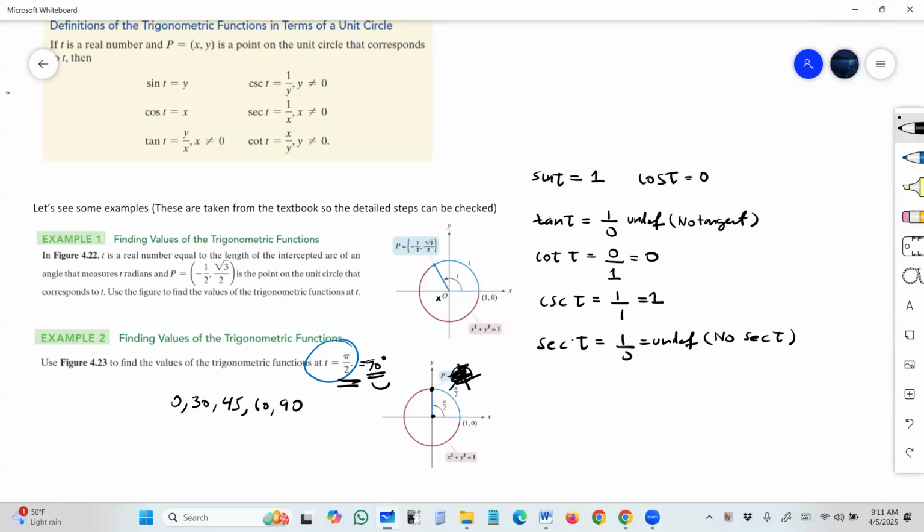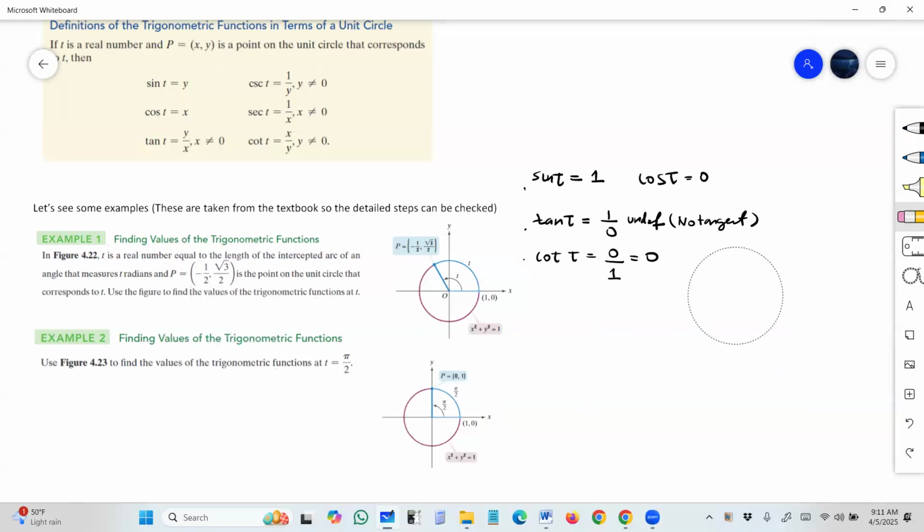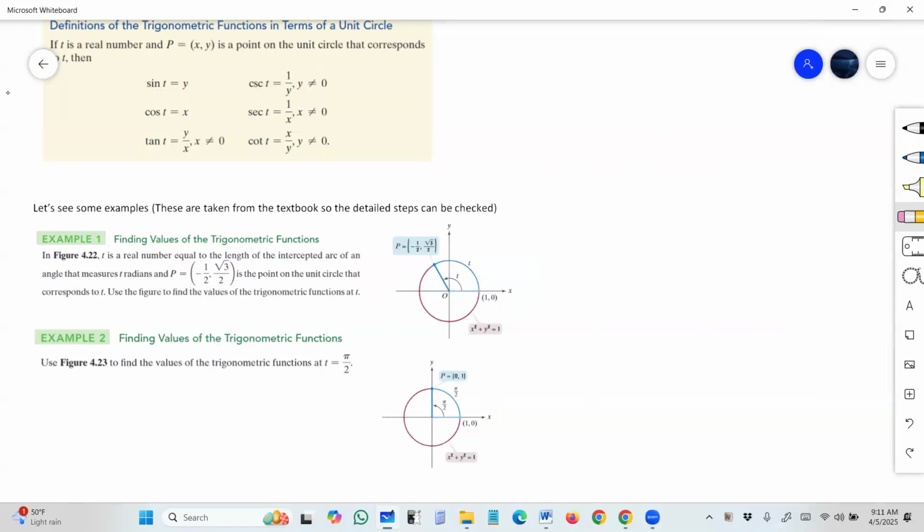We've seen this before, and we'll see them again. So whether we are given the point or the angle, we should be able to find the value, at least for the known angles, of all 6 trigonometric functions. So in the next video, we'll expand this and move the concept of the unit circle to triangles.